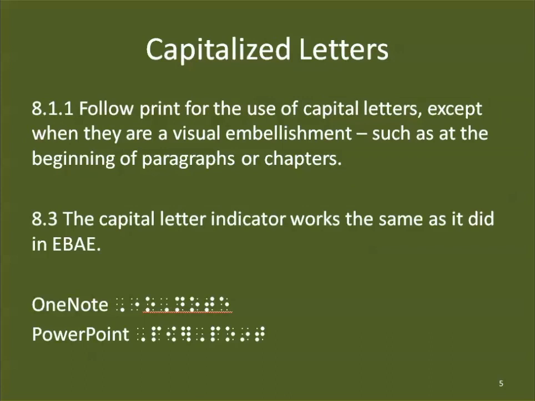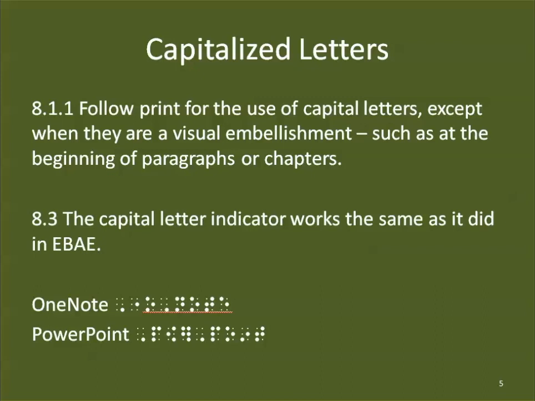Follow print for the use of capital letters, except when they are a visual embellishment, such as at the beginning of paragraphs and chapters. So wherever we see a capital letter, we're going to make it capital in Braille, unless it's some fancy thing like a very stylistic letter. The capital letter indicator works the same as it did in EBAE.